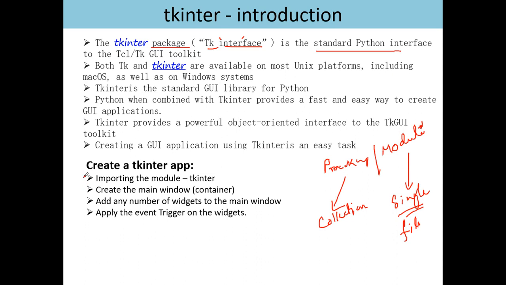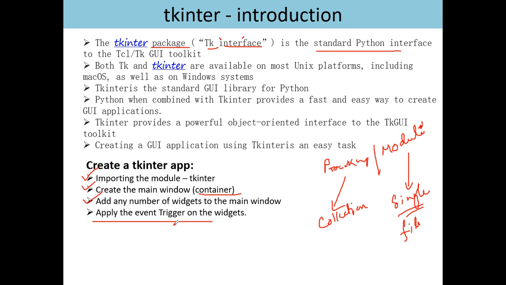First of all, you have to import the module. Then you have to create a main window, you can say that is a container, and add the required number of widgets into the window, and apply event trigger on the widgets. Apply event trigger means when you are adding some widgets into that container or window, you will expect some event to occur from the user.